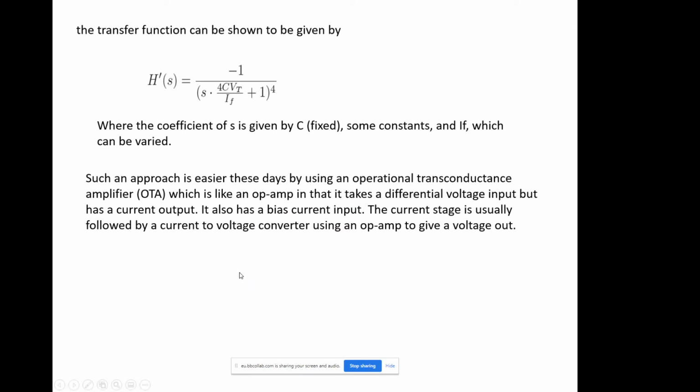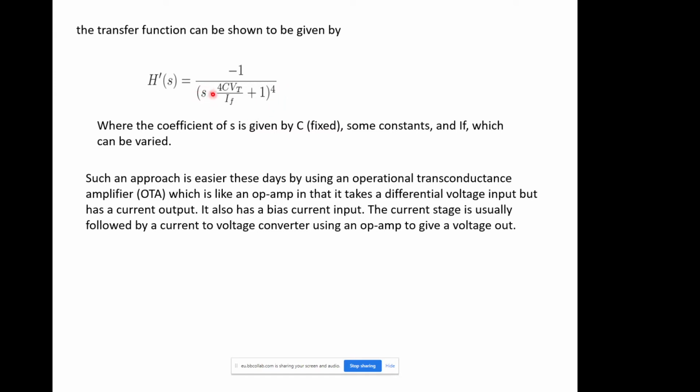So the transfer function of the filter itself that we just looked at, the Moog filter, is just this. It's a fourth order filter. Let's go back to a pointer. Fourth order filter, power of 4 here.